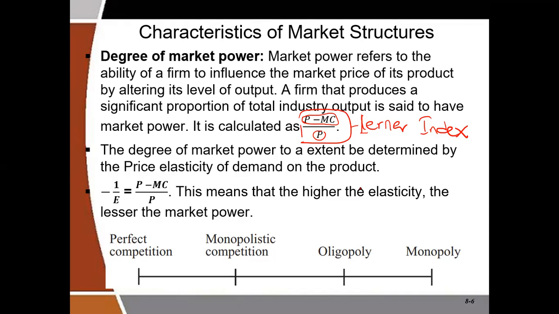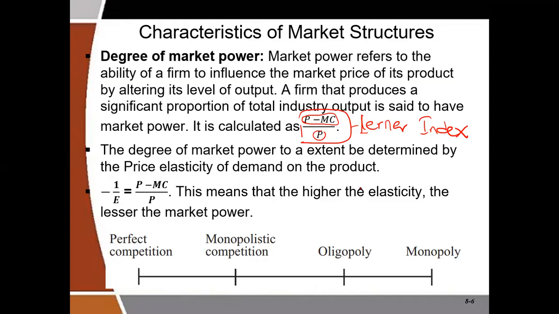So what it means is that even though a monopoly has power, the extent to which they can influence their prices is also dependent on the elasticity of demand. So for instance, if a good is inelastic, what it means is that you could increase your price and then nothing really will happen.